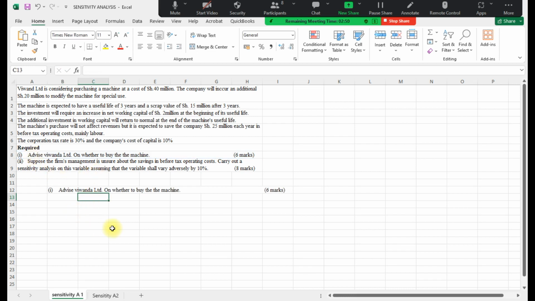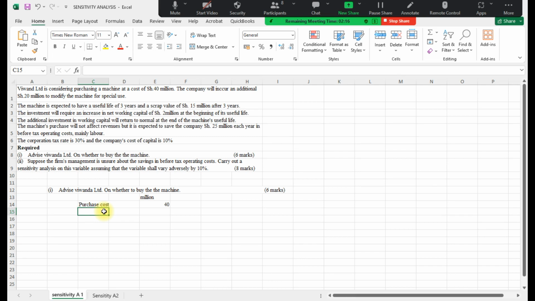If we summarize what we have, we are purchasing the machine at 40 million as our purchase cost. Just work with millions of shillings.